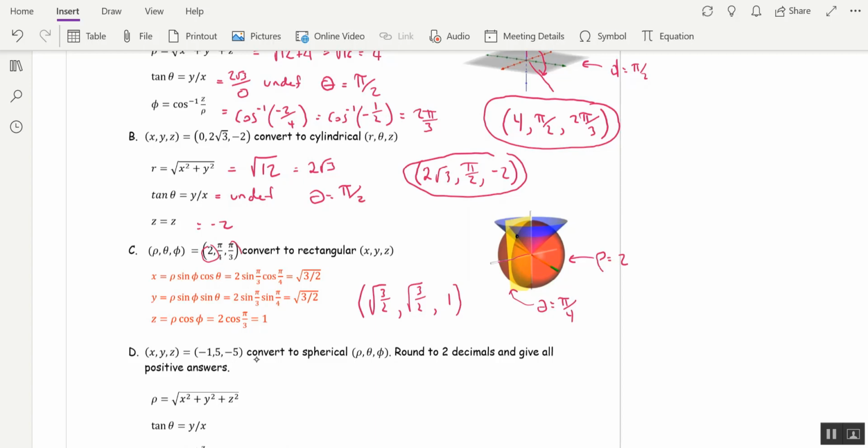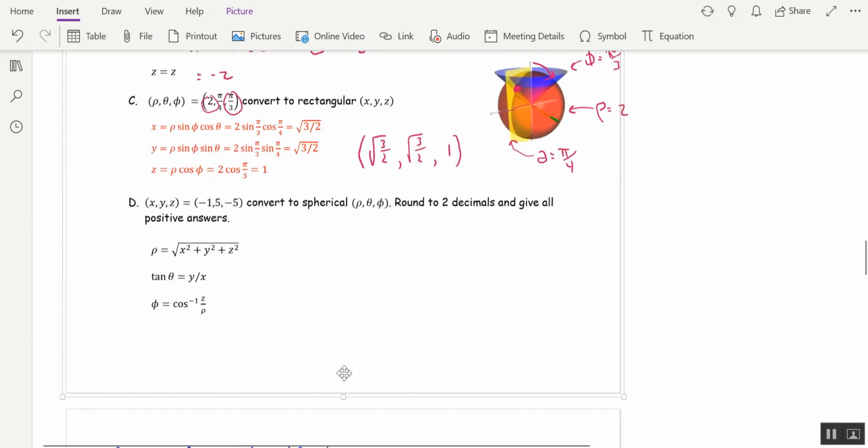Finally, when you specify phi, this is the angle phi here. So if phi is fixed at pi over 3, you're somewhere on this cone, which is an angle of pi over 3 radians from the positive z-axis. So the intersection of that cone, that plane, and that sphere is this point here, and that's the point we're describing. Okay, let's do one more.